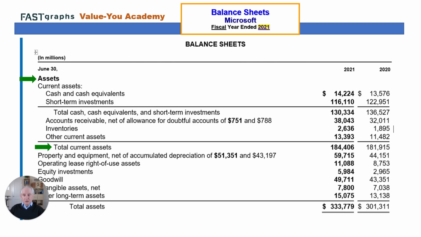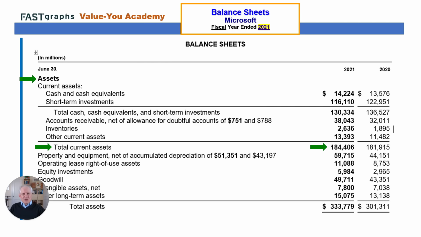We own current assets of $184 billion. Those are considered somewhat liquid assets. In fact, if you look up above total cash, cash equivalents, and short-term investments, $130 billion of that 184 is really liquid. They could turn that into cash very quickly, 3 months or less.